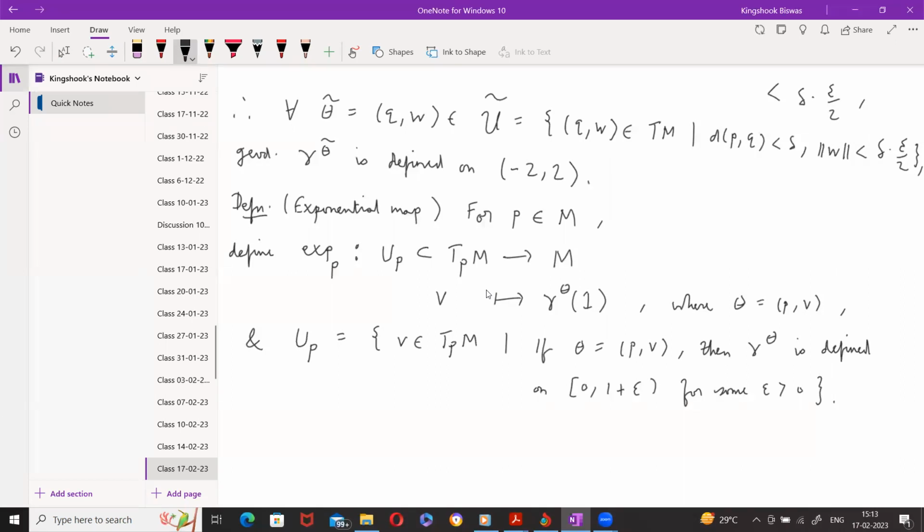Okay. So it makes sense to evaluate gamma theta at time 1.